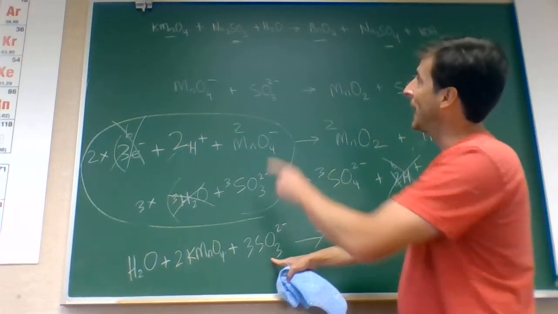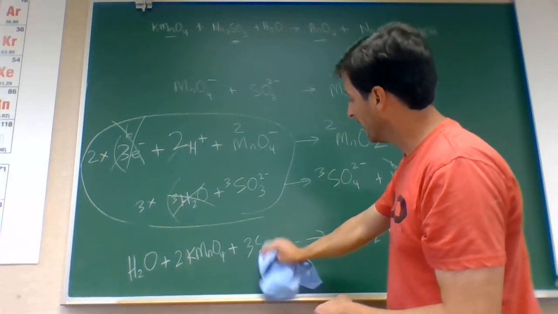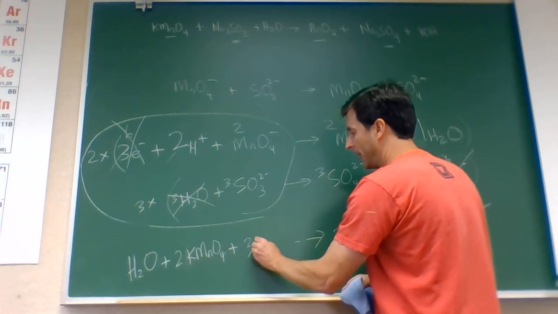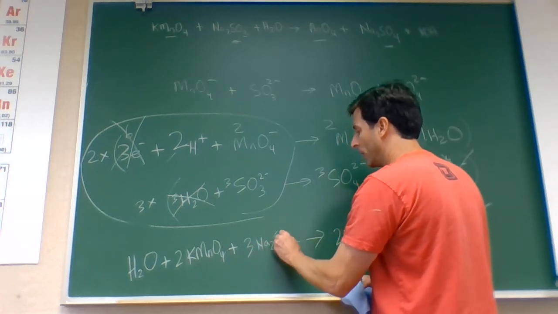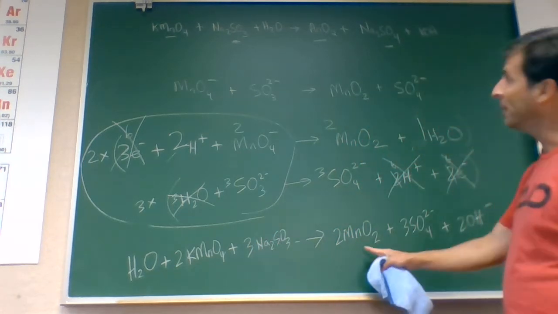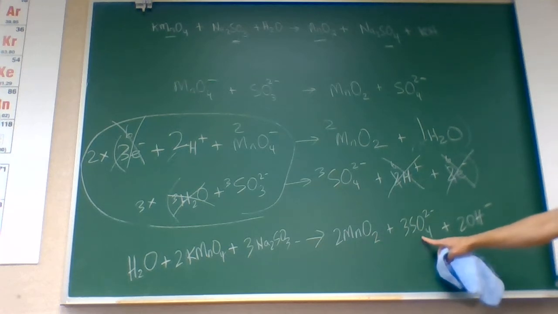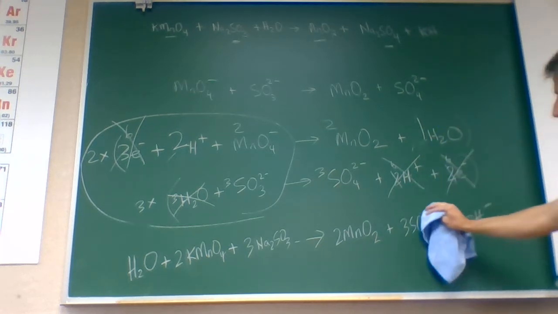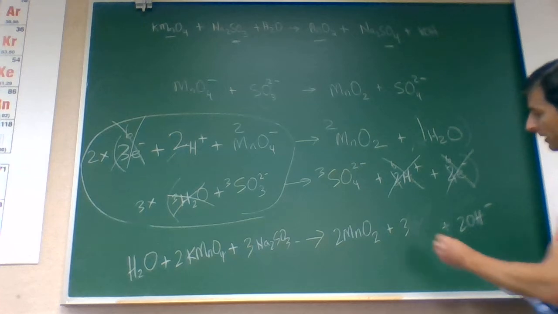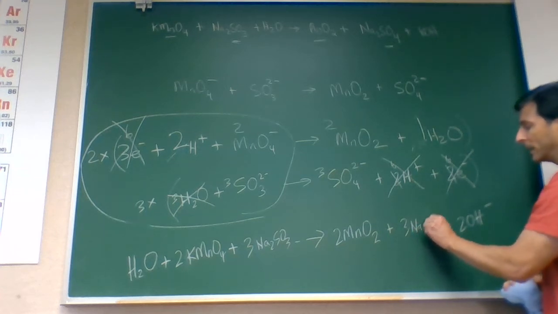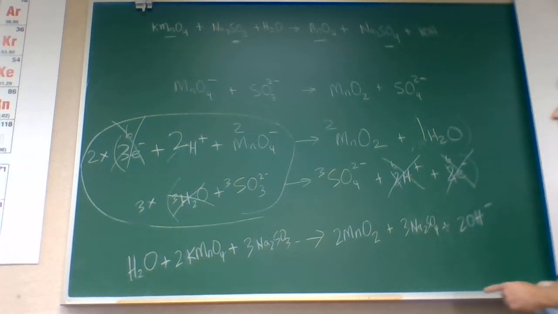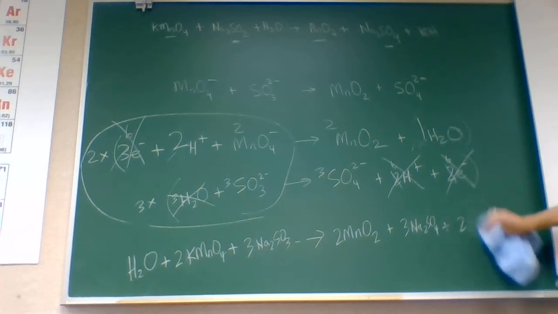The sulfite was actually sodium sulfite. So that's going to be 3 Na2SO3s. My MnO2 is the same. My sulfate should be sodium sulfate. So that's going to be 3 Na2SO4s. And then my hydroxide is actually KOH.